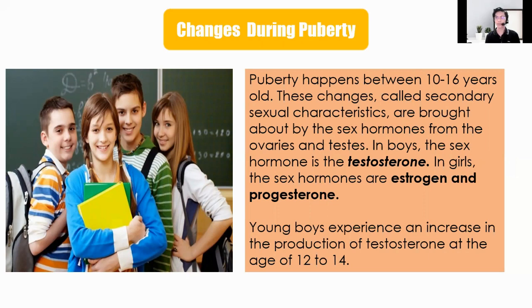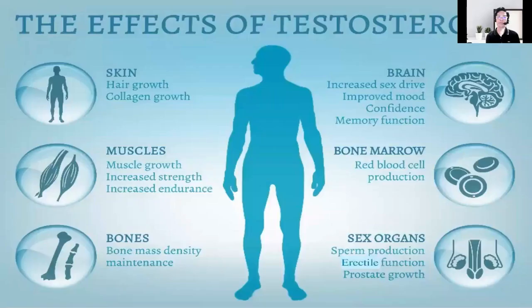Young boys experience an increase in the production of testosterone at the age of 12 to 14. The effects of testosterone: in the skin, hair growth and collagen growth. On muscles, muscle growth, increased strength, increased endurance.